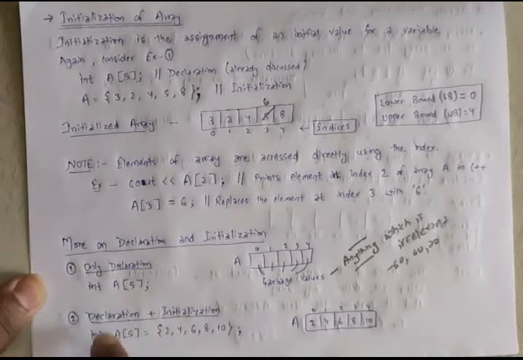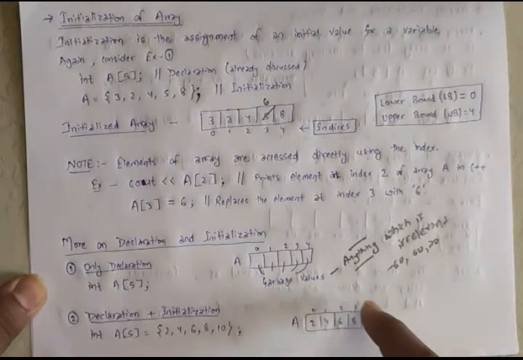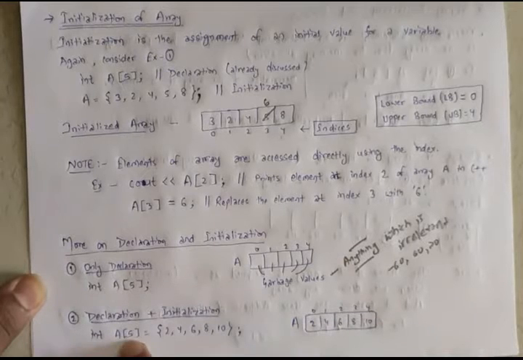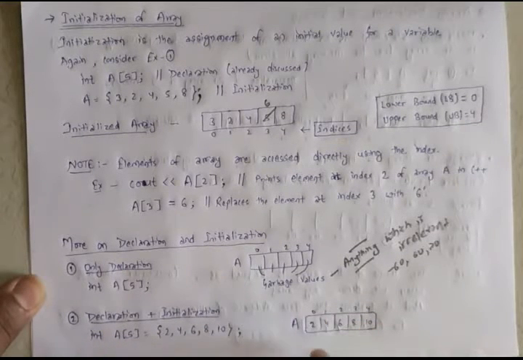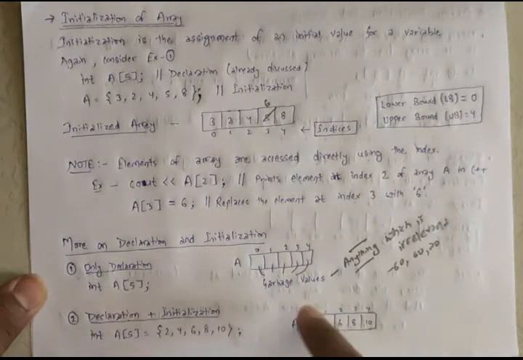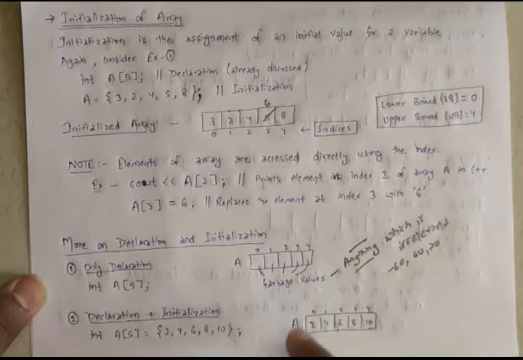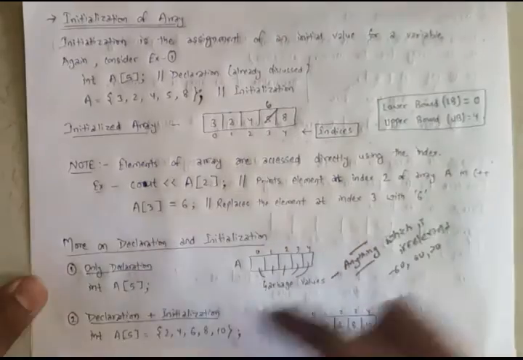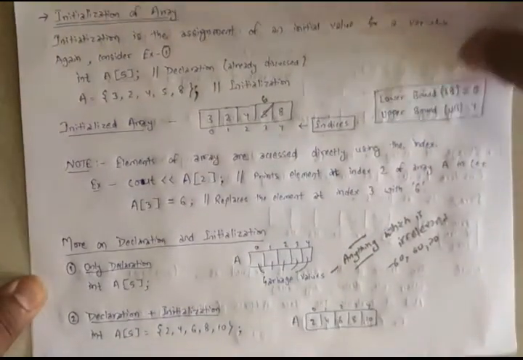This can be treated as creating an array of size 5 and also initializing the values into the array. So the array would look like this. All the elements have been initialized. These are the two types, and we'll see other types also.